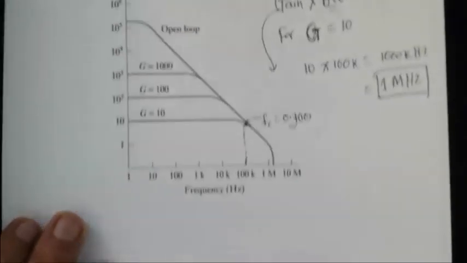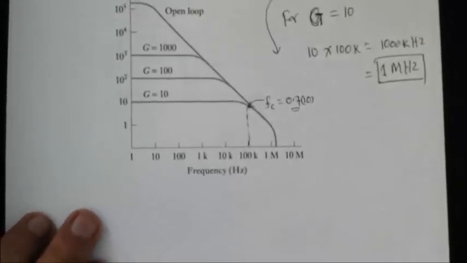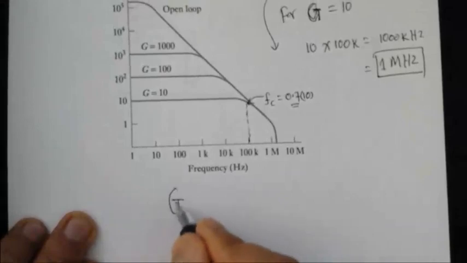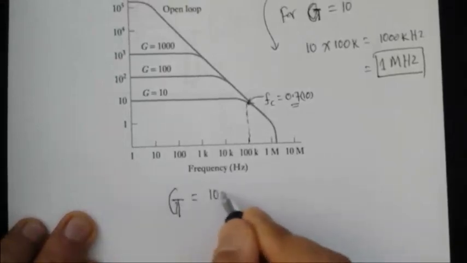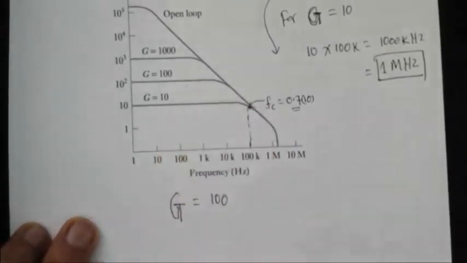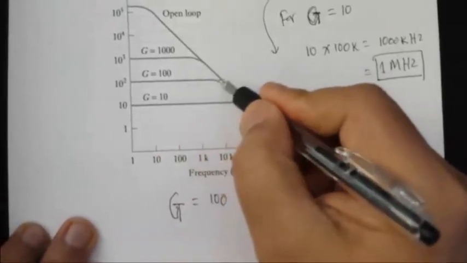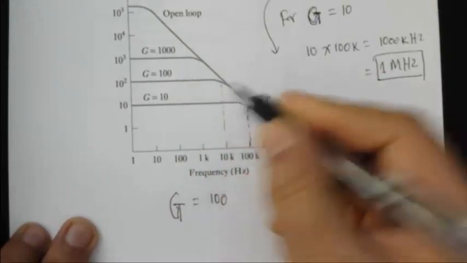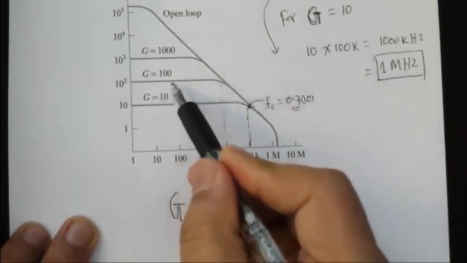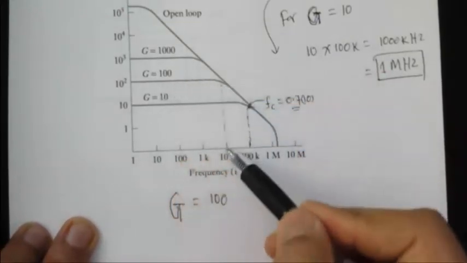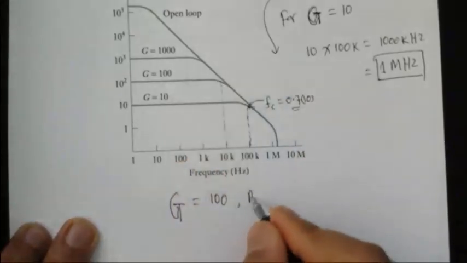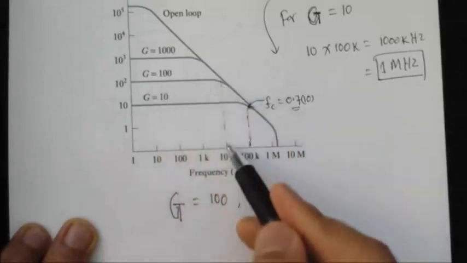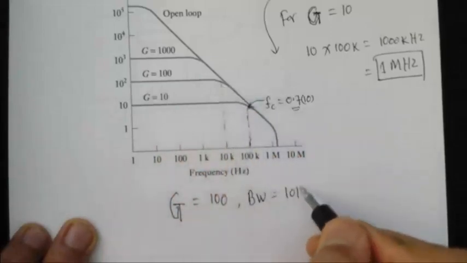Let's take one more example, because the gain bandwidth product must be the same. So now I'm going to take gain 100. If FC is somewhere here, you lose bandwidth. You can clearly see that if you increase the gain of the op amp, you'll lose bandwidth. So for gain 100, your bandwidth is about 10 kilohertz.